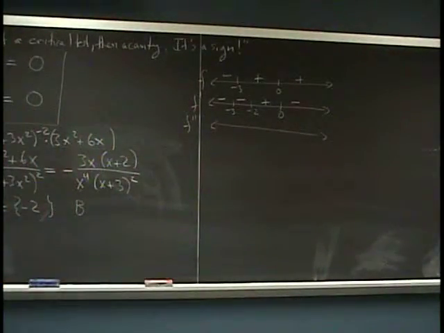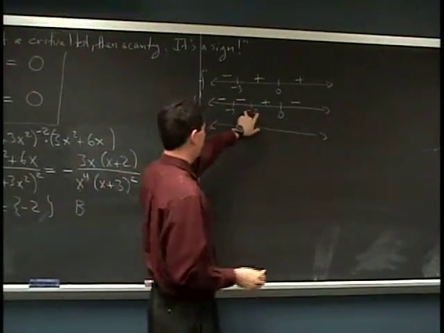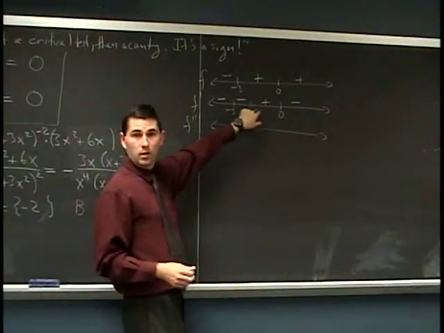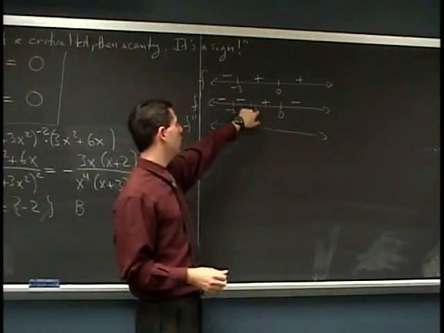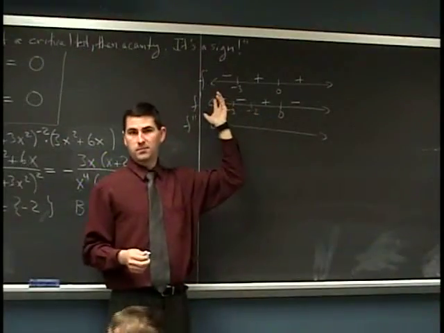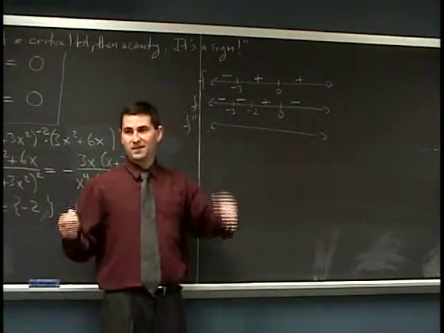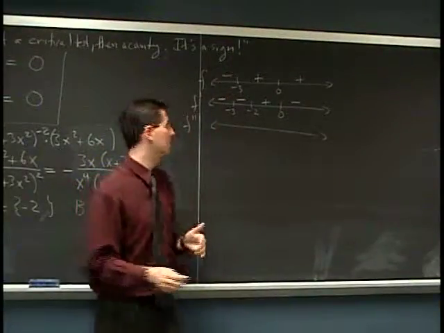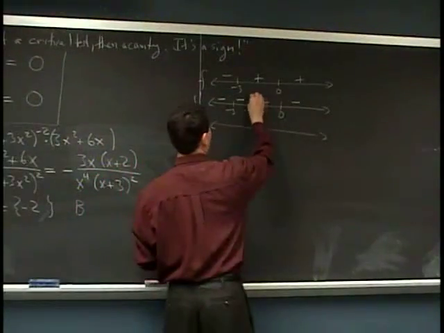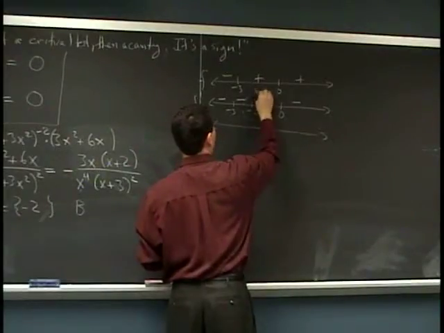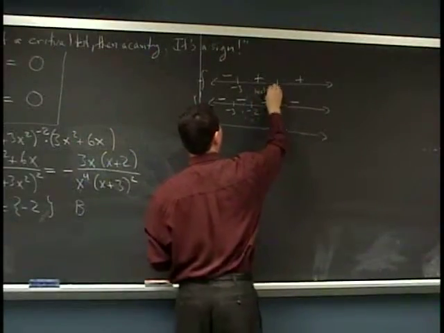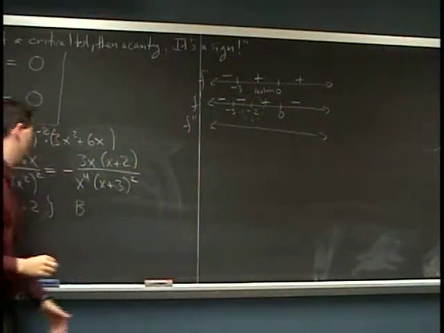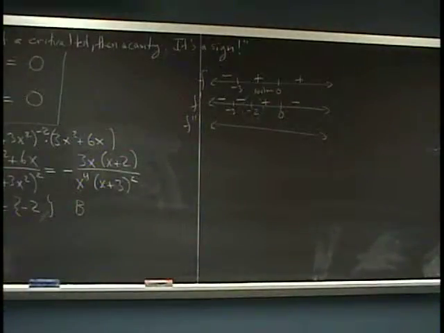Okay, so this tells us that at minus 2, we get a local something. It's negative and then positive, so it's a local minimum. Let's actually compute it: f of minus 2, to see what that minimum is.